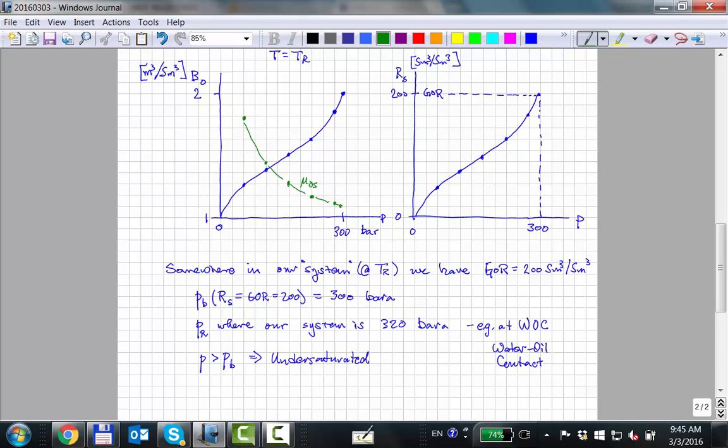So what we need is the property of this oil that has a 300 bar bubble point, a gas oil ratio of 200 cubic meters per cubic meter, and we need to take that oil to 320 bar and measure its viscosity. And when we do that, we're going to get a viscosity that's higher. Okay? And the BO value is going to drop. Like that.